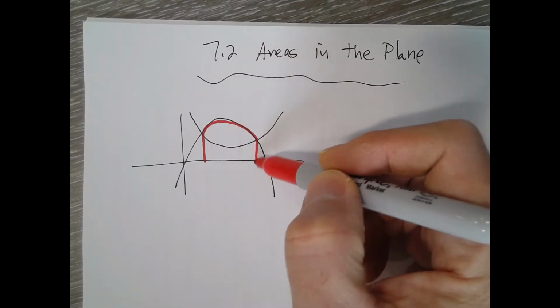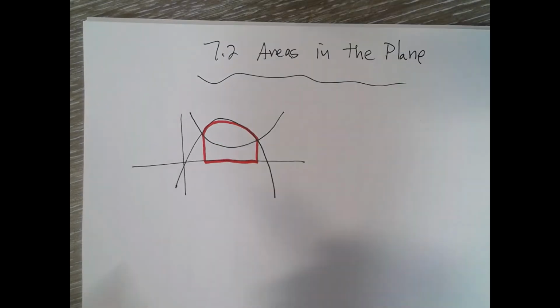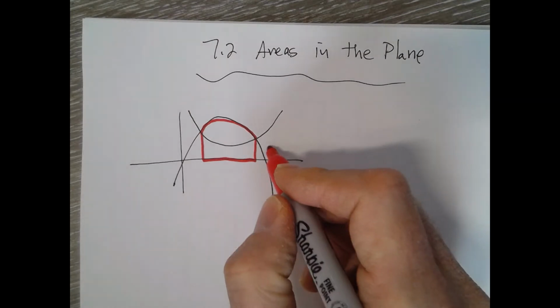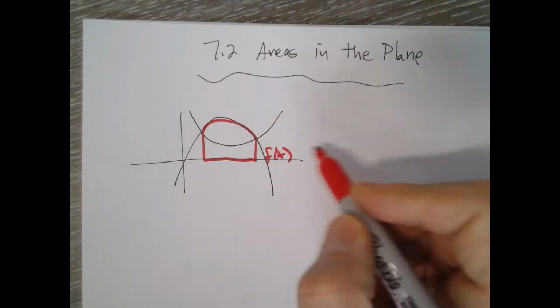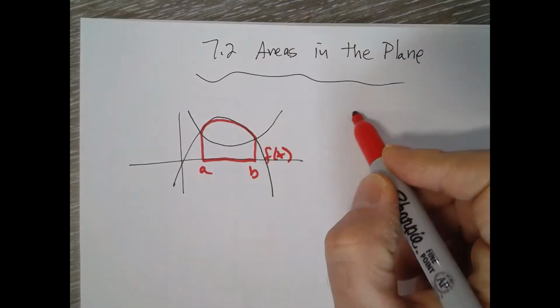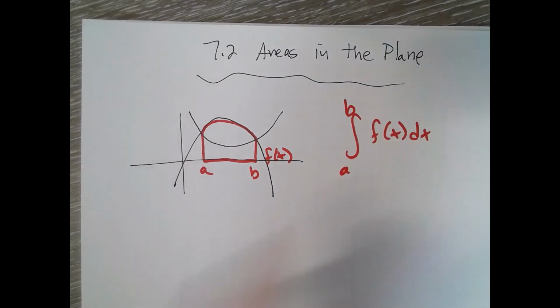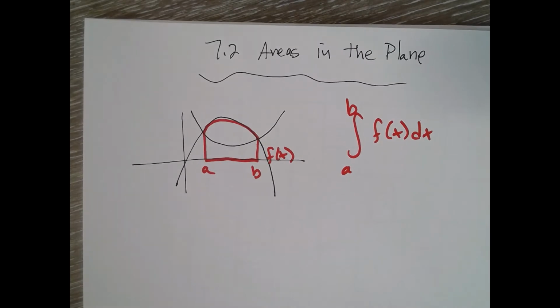If this is f of x, we would integrate f of x from a to b, and we would find the area of that shape right there.